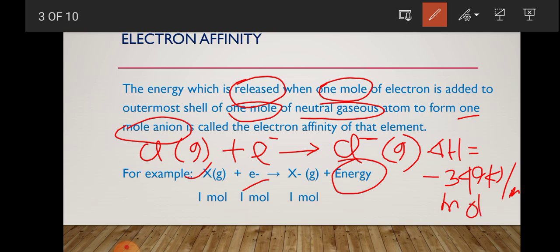Here for chlorine, 1 mole chlorine atom in gaseous state turns into 1 mole chloride ion, that is anion, and in this case the energy released is 349 kilojoule per mole. That means electron affinity of chlorine is 349 kilojoule per mole.